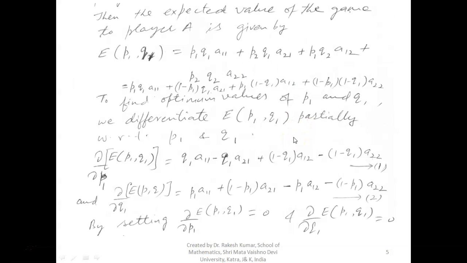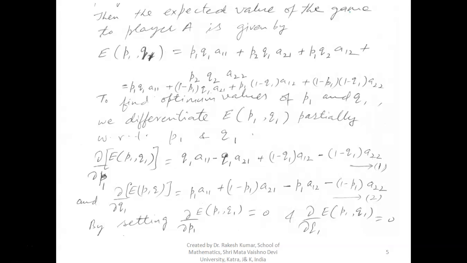Then the expected value of the game to player A is given by this. How is this? Because the A11 payoff corresponds to the selection of strategy A1 by player A and B1 by player B. If you see that payoff matrix, player A selects strategy A1 with probability P1, whereas player B selects strategy B1 with probability Q1.